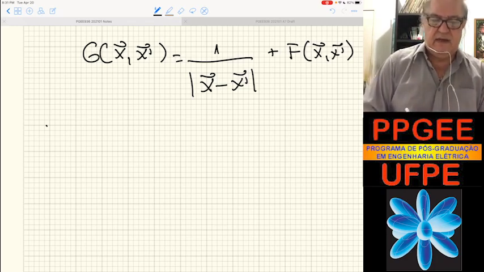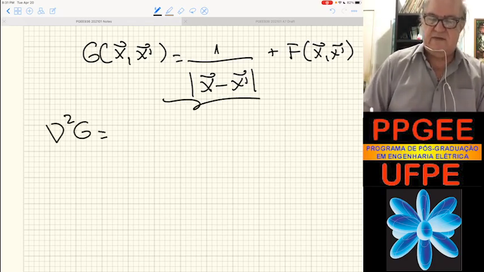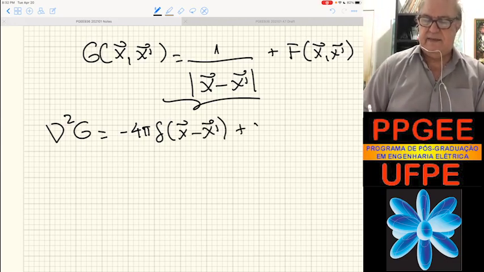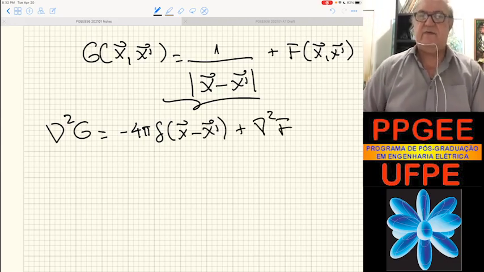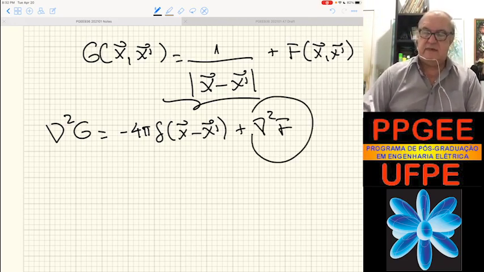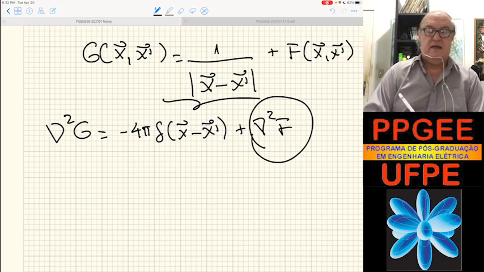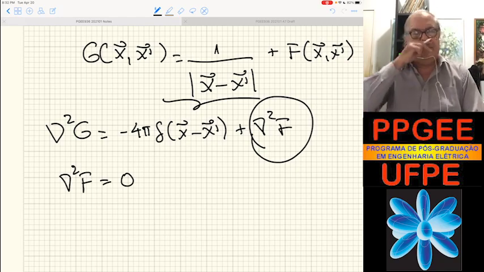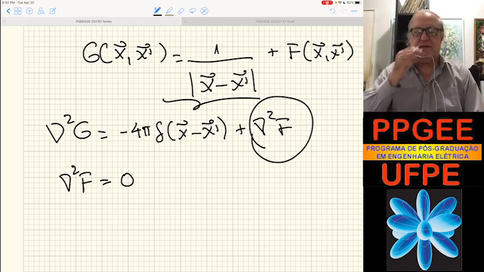If I calculate the Laplacian of g, it is going to be the Laplacian of this function, which is minus 4 pi delta, plus the Laplacian of f, right? So what I have to do is to impose that this term is 0. So the Laplacian of f has to be equal to 0. That's the property.